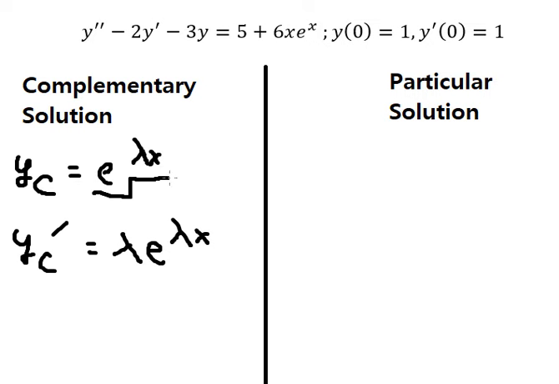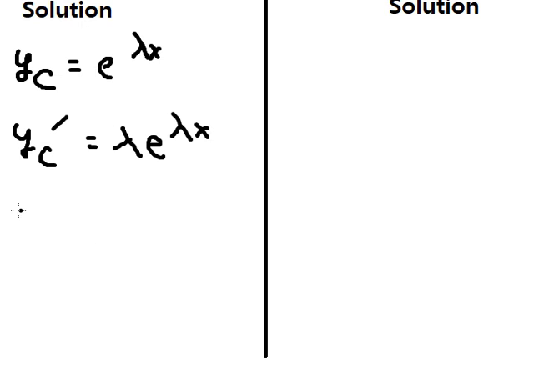If we do the first derivative, we keep the same e to the power of lambda s, and then we do the first derivative of lambda s, and you get lambda. Now we go to the second derivative of yc and we have lambda squared e to the power of lambda s.